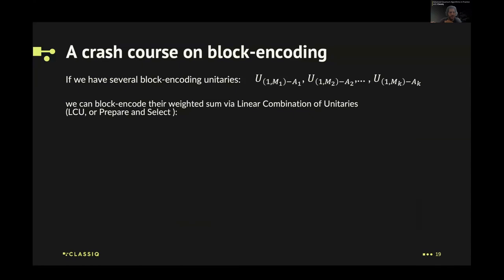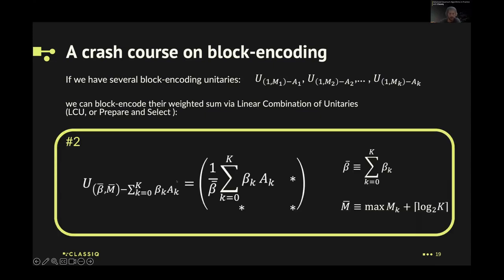Now for the second point, let's have several block encoding unitaries. So I have a block encoding of A1, block encoding of A2, etc. Then we can block encode a weighted sum of A1, A2, until AK. This is what is called linear combination of unitaries, abbreviated LCU, or prepare and select. If I know how to block encode these, I know how to block encode a weighted sum with coefficients beta_k of A_k.